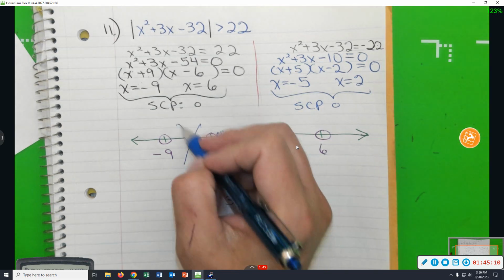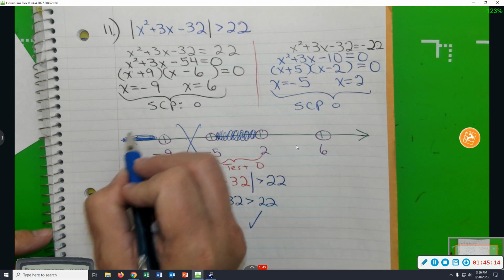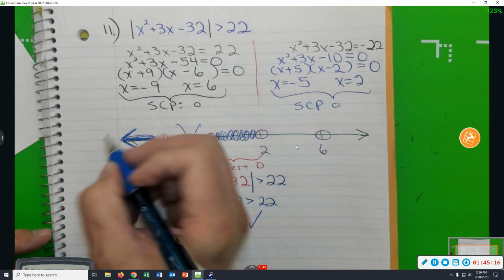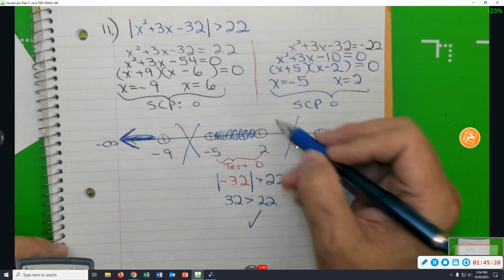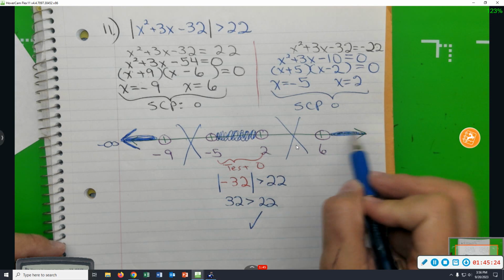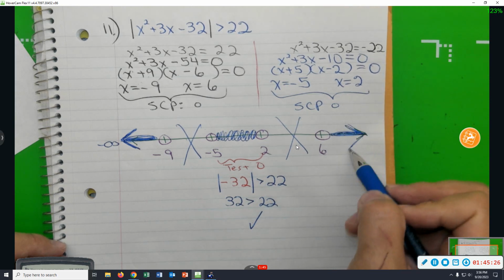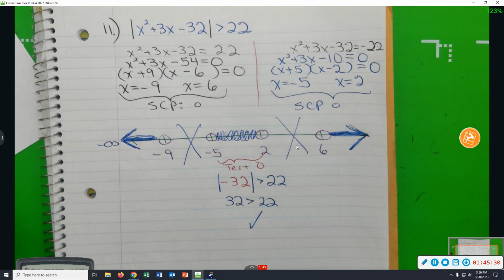Cross out here. Shade here. Cross out here. Shade here. Am I going to have any square brackets in my interval notation? No. Everything's going to start and end with parentheses.